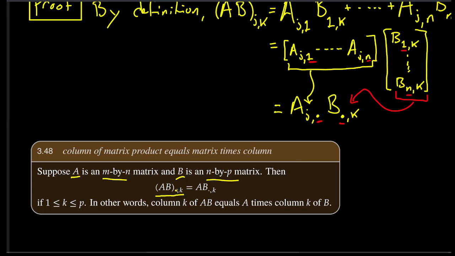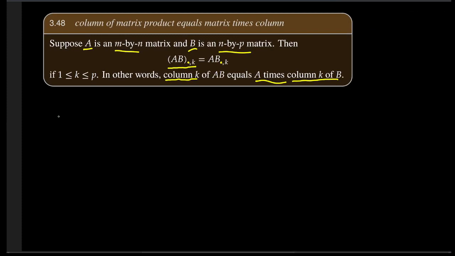So if I put a dot there, it means range over the rows, fix the column. So this is the kth column of the product AB. This is just A times the kth column of B. It's a dot right there as well. So saying it in words, column k of AB is A times column k of B.